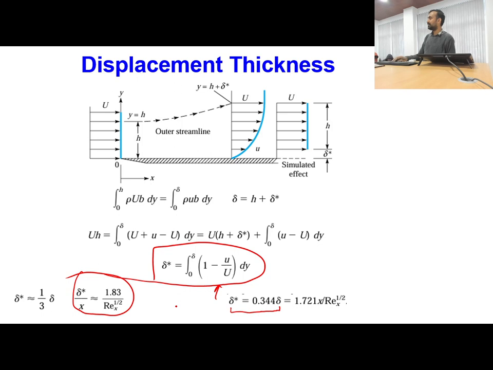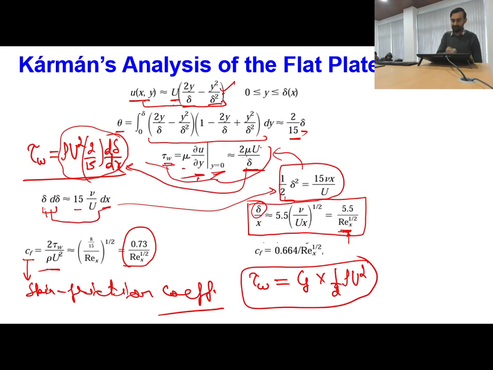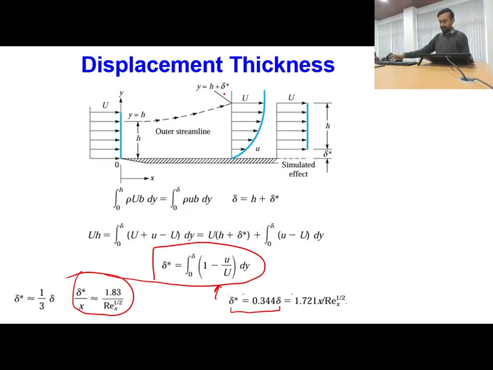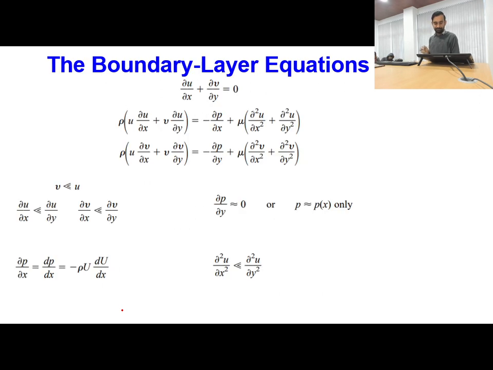The displacement thickness formulation I have already discussed, which is integral 0 to delta of 1 minus u by U into dy. You simply substitute the formulation of u by U from this particular formulation, and then you can calculate delta star by x as 1.83 by root of Reynolds number. So you can calculate the corresponding value of the displacement thickness also.